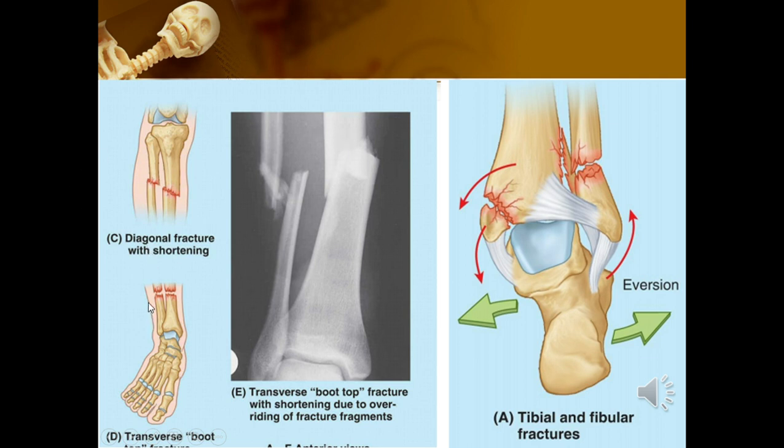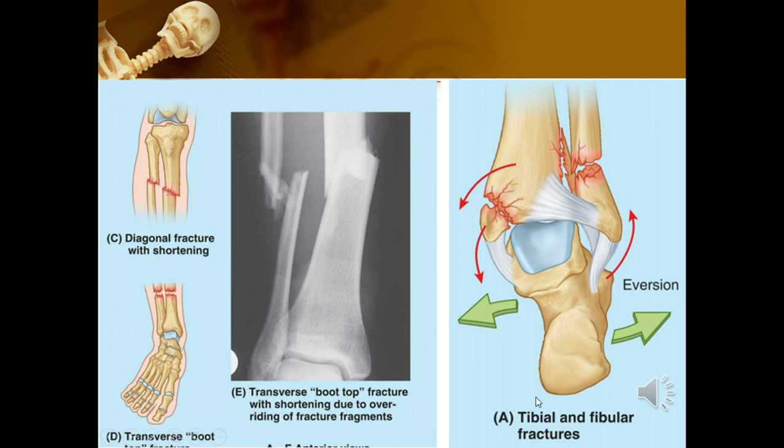And transverse boot top fractures are the fractures occurring in skiing persons. When the skiing persons are landing on their feet with wrongly angled legs, the ski boot may result in angle formation and then fractures of this lower one third of the bones.